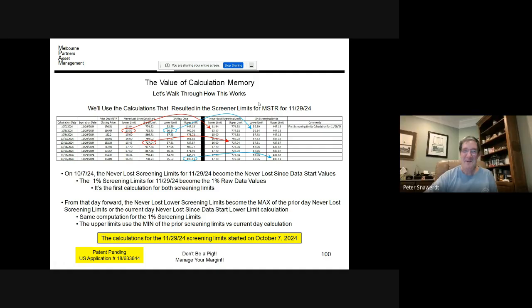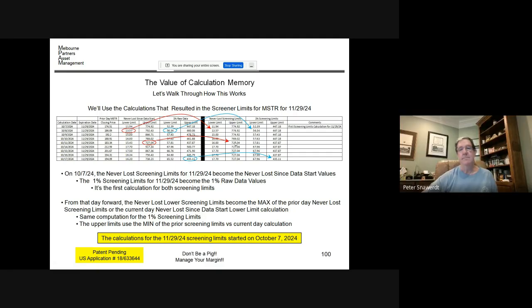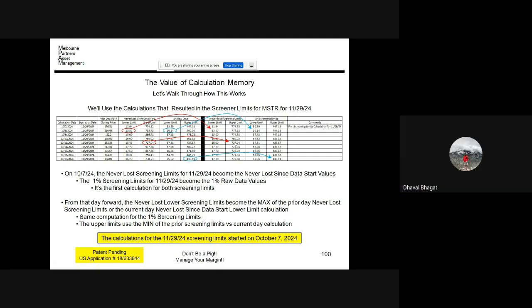So if MSTR, let's say, on the first day here, 10/7/2024, was actually trading at 750, it has not reached your never lost screening limit.